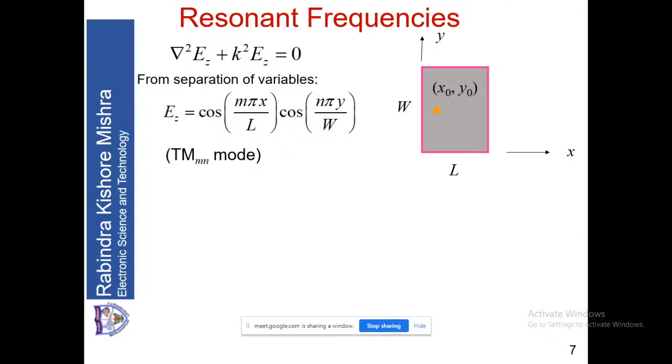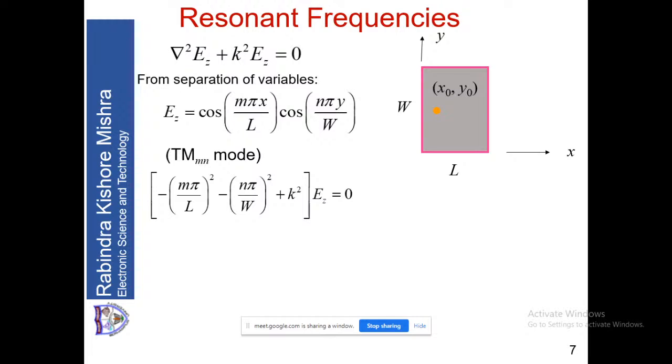Now use this Ez value in the first equation, del square Ez plus k square Ez. There put this cosine value of Ez. If I put this value, then you will get minus (m pi by L) square plus (n pi by W) square plus k square, into Ez, is equal to 0, as in the case of a waveguide. Now Ez is not equal to 0.